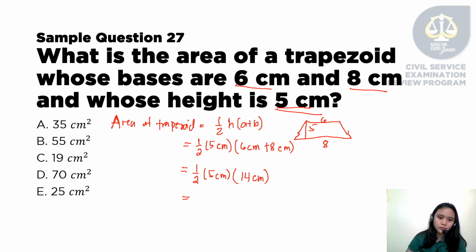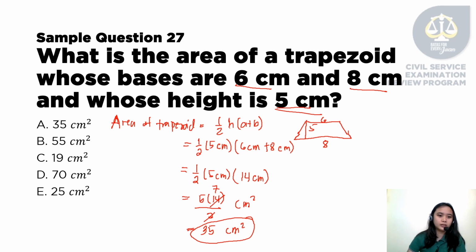Sige, factor out natin yung centimeter squared, centimeter times centimeter. So, meron tayong 5 times 14 over 2 centimeter squared. Pwede nating i-cancel tong 2 dito, kasi note that 14 ay 2 times 7. So, may iwan na lang tayo ng 7 dito. So, that is equal to 35 centimeter squared. Sagot natin ay letter A.